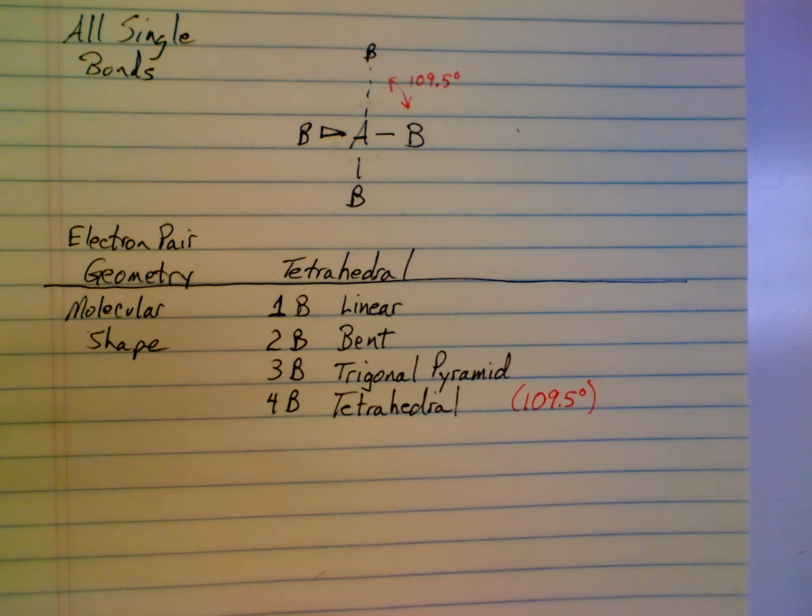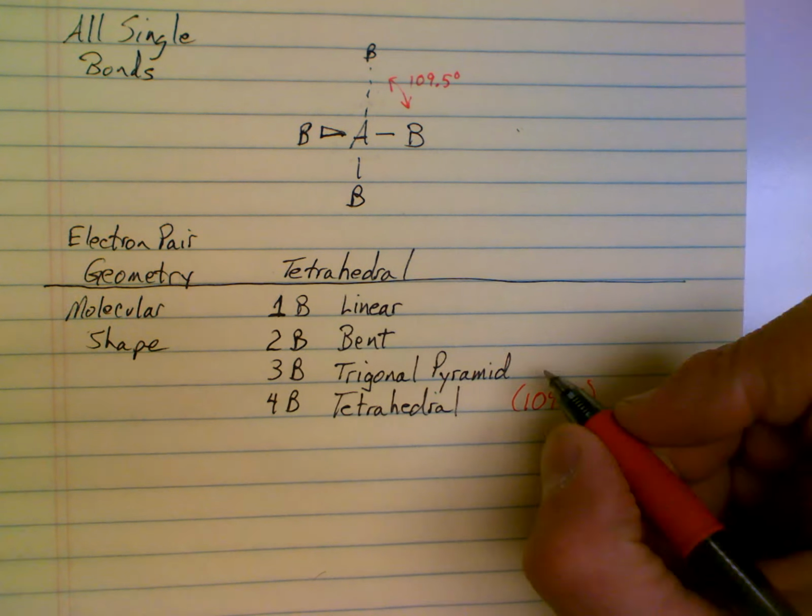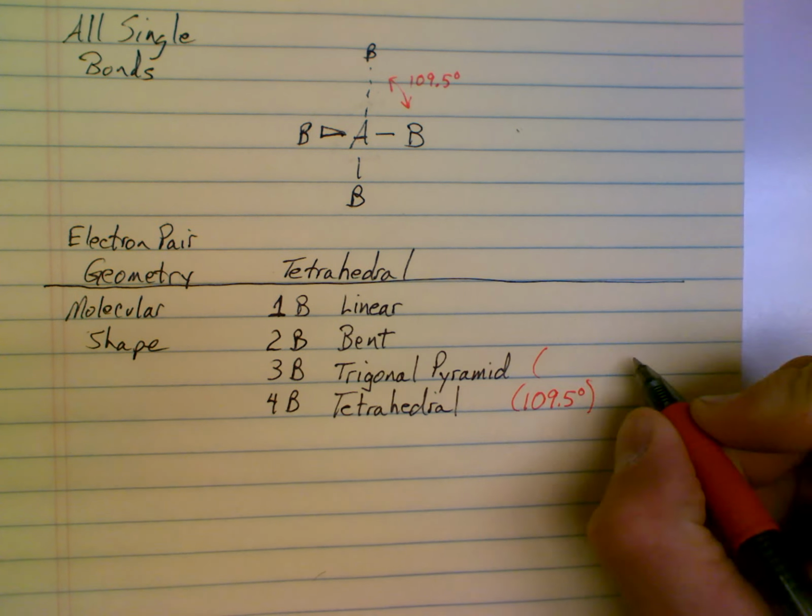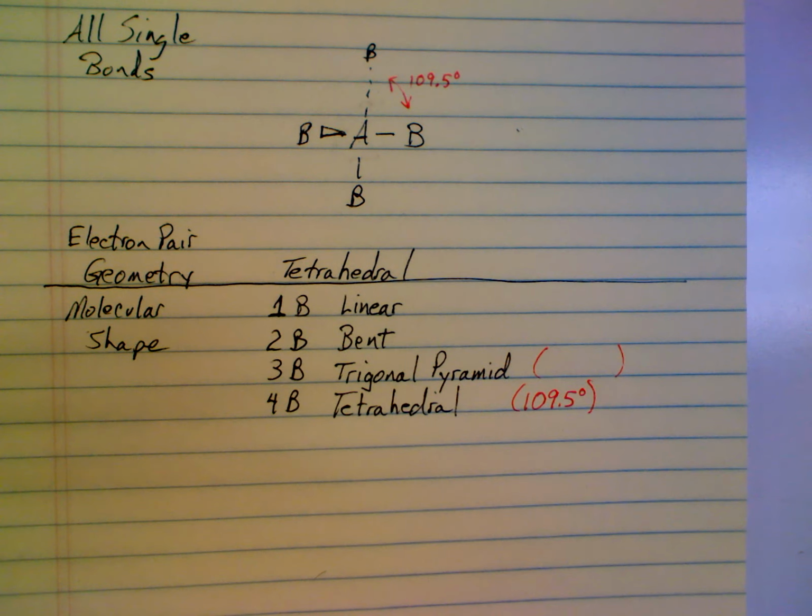However, when you have an unshared pair, like on the trigonal pyramid, the bond angle won't stay at 109.5 because the unshared pair will repel more than the shared pairs.